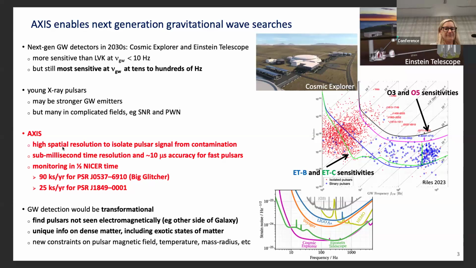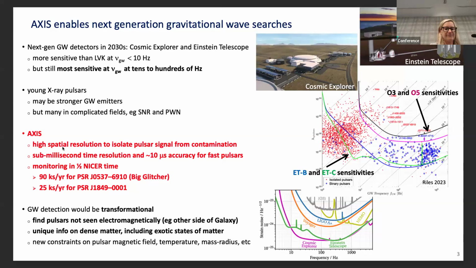However, you can still see that the sensitivity is much better in the tens to hundreds of hertz. So those are still your best chances of detecting gravitational waves from pulsars. Young fast-spinning pulsars are still your best chance.